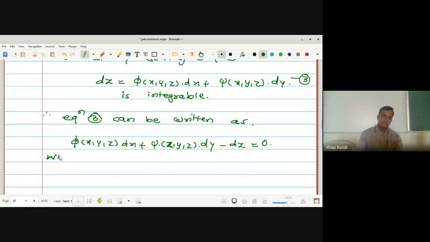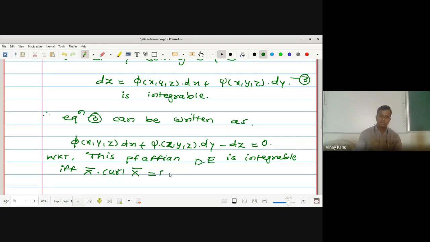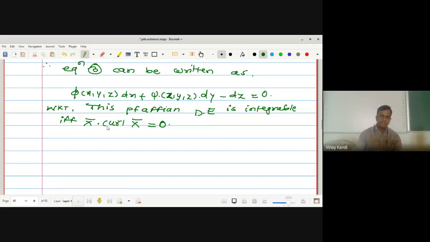We know that a Pfaffian differential equation is integrable if and only if x bar dot curl x bar is equal to 0, where x bar is equal to phi of x, y, z, psi of x, y, z and minus 1.